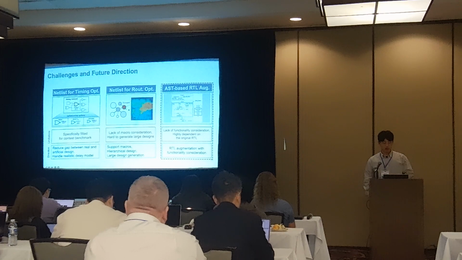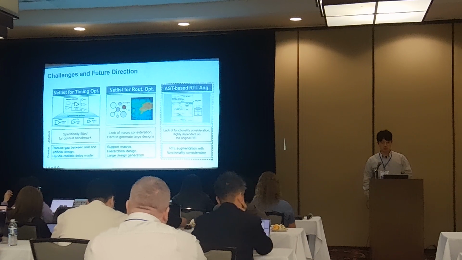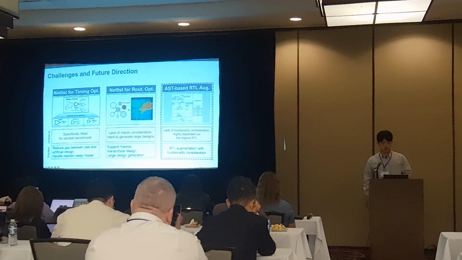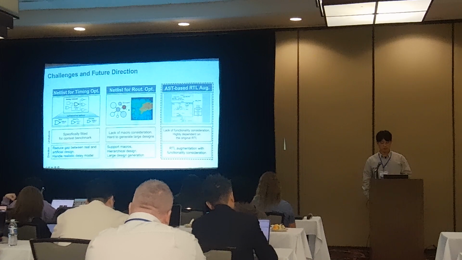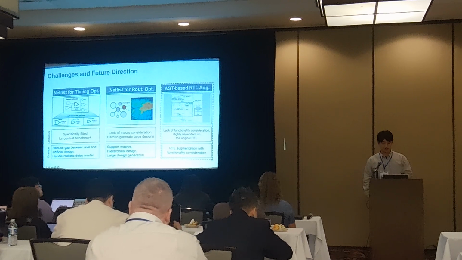Last, for RTL generation, AST-based augmentation often lacks functional consideration and is highly dependent on the original RTL dataset. To address this, we need techniques that incorporate functionality constraints, ensuring that augmented RTL is not only syntactically diverse, but also functionally meaningful.